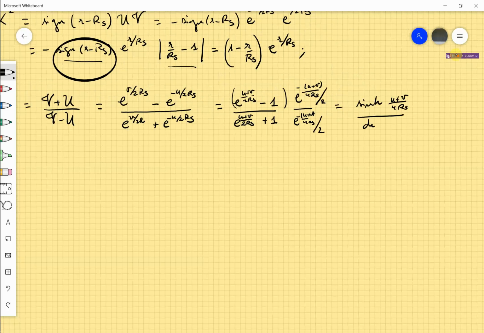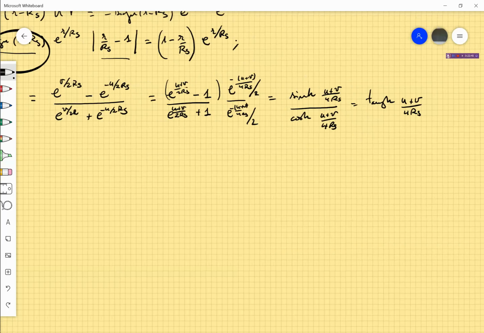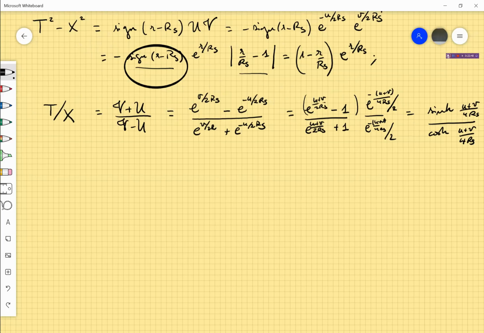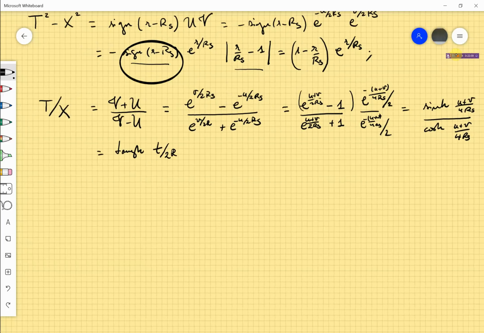Again, it doesn't really matter much. So this is the hyperbolic tangent of u plus v divided by 4rs. Now small u plus v is 2 times t, so this expression is the hyperbolic tangent of t divided by 2rs.